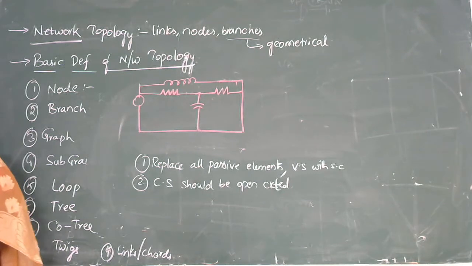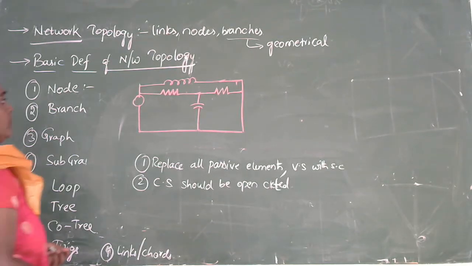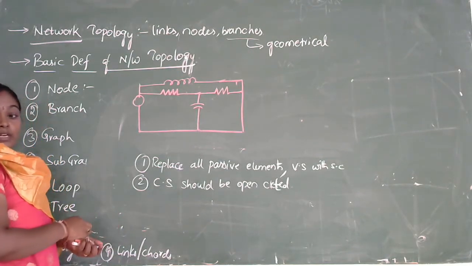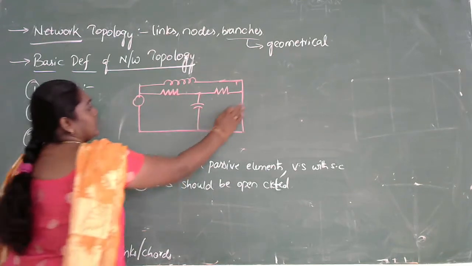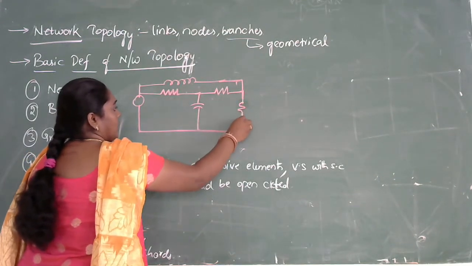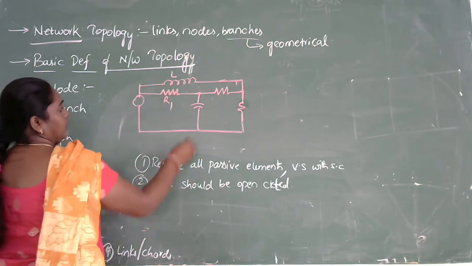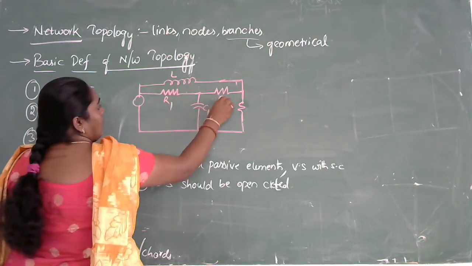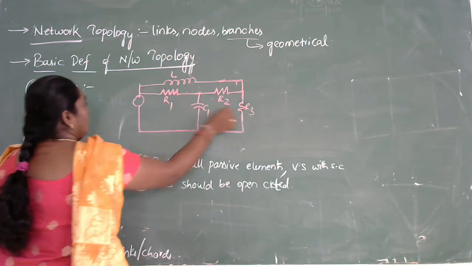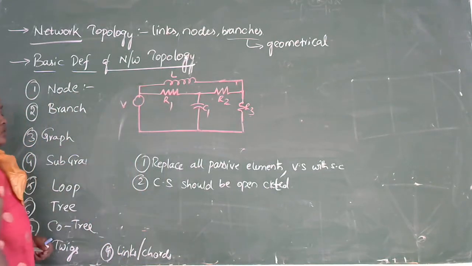I am labeling these passive elements with numbers like L1, R1 and C1, and there is one more resistor over here, R. So here we have inductor L, R1, C1, R2, R3 and this is a voltage source.